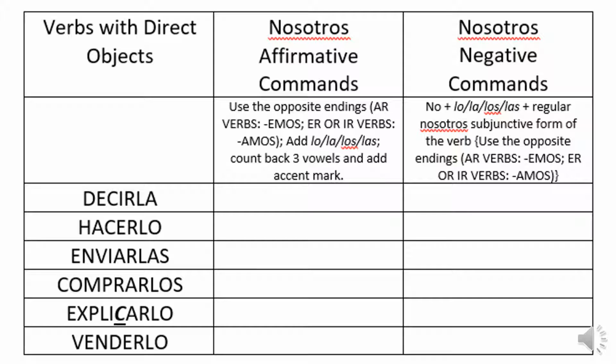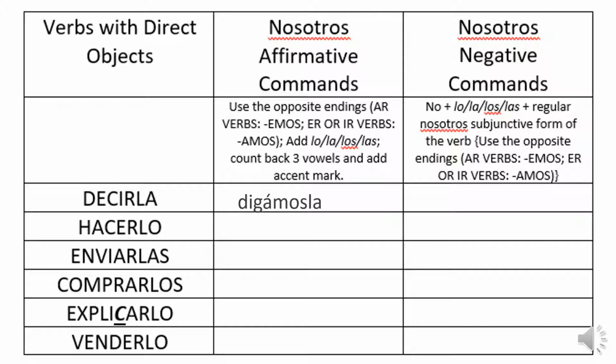So let's take a look. If I want to say, let's tell the truth, but I don't want to just say the truth, I want to say, let's just tell it, I would say, digámosla. It's an IR verb, so we're going to use AMOS, and then I'm going to add la at the end.